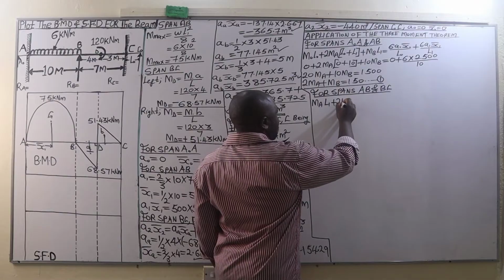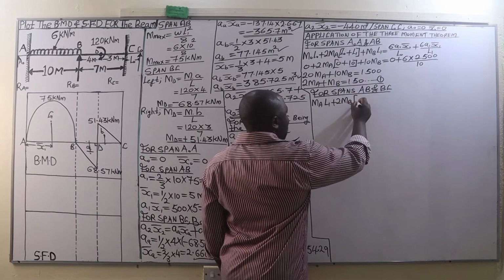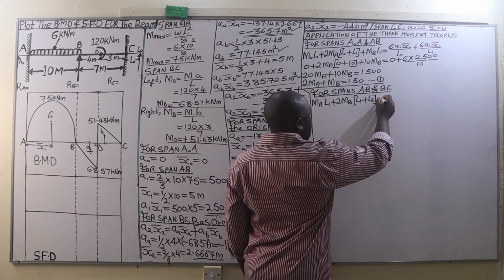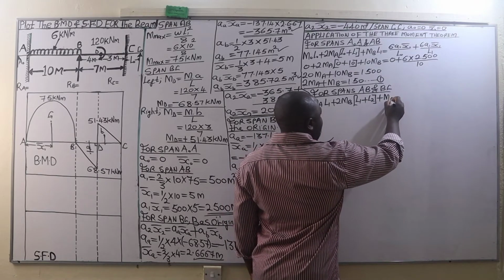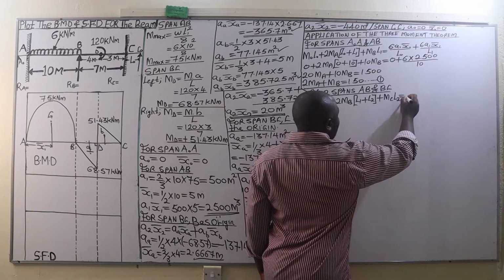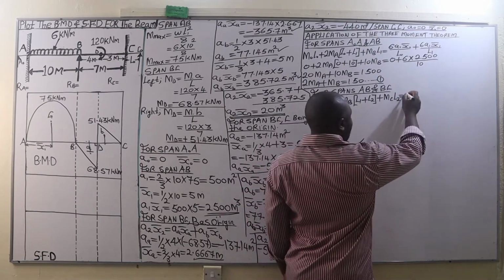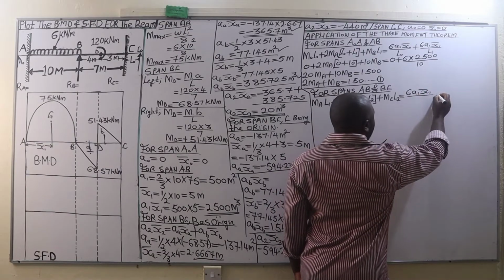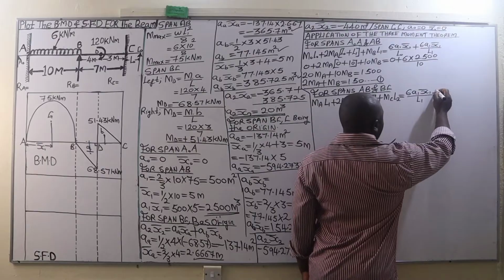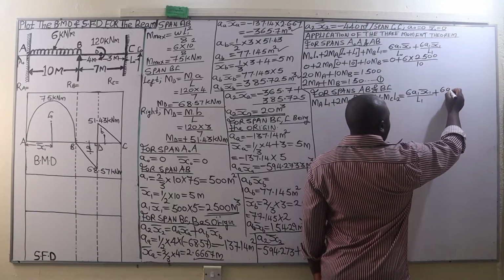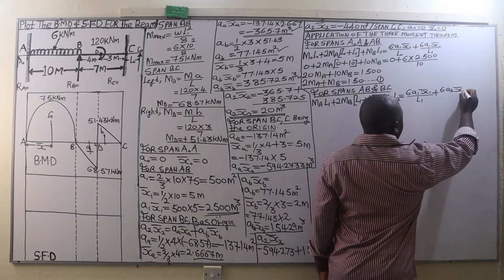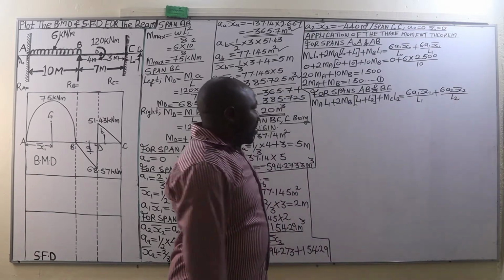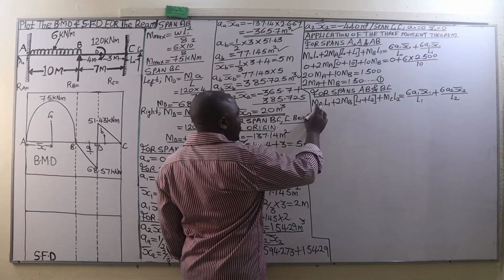MAL1 plus 2MB into bracket L1 plus L2 plus MCL2, which will be equal to 6A1 bar X1 divided by L1 plus 6A2 bar X2 divided by L2. And this is going to be as follows.